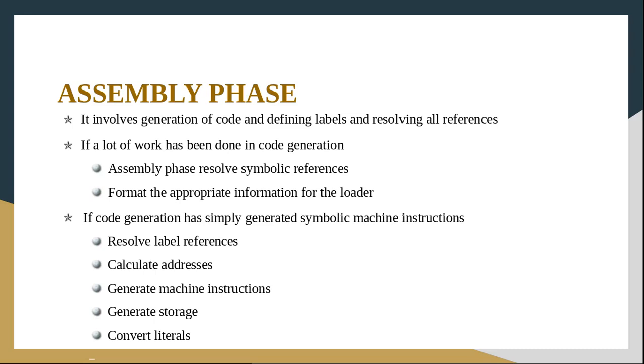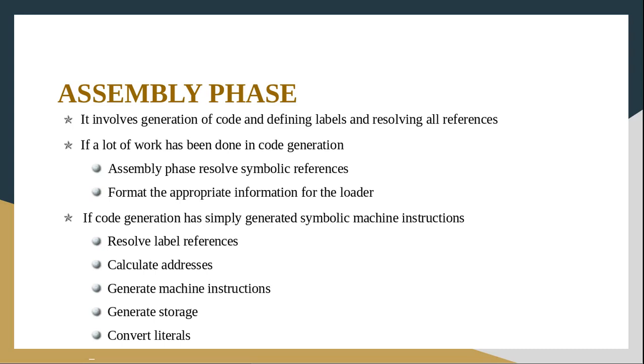Then we know that after compilation we have to send some information to the loader, so format that information for the loader. So if most of the generation has been done in the code generation phase, then the assembly phase needs only to resolve the symbolic references and format the information we need to give to the loader.